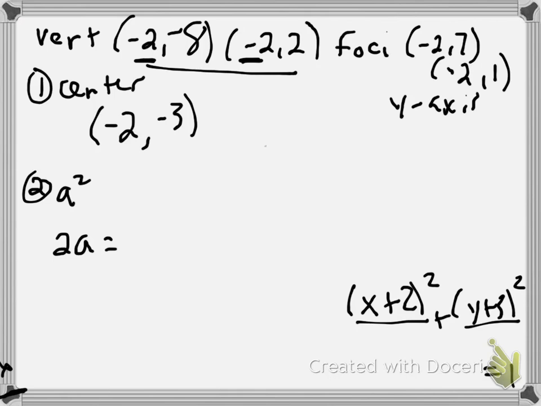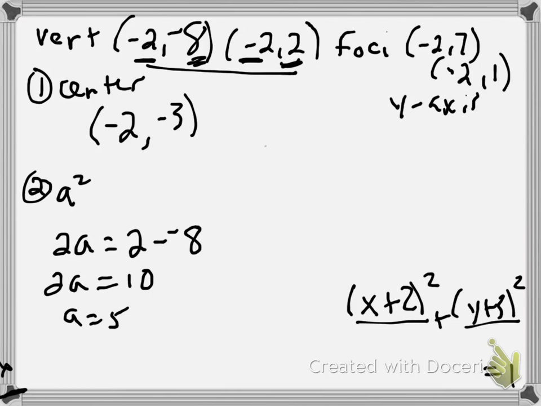So 2a is basically going to be the difference between this right here, between 2 and negative 8. Start from your larger one minus your smaller one. So we get 2a is equal to 10, so a has to be 5. Since my a is 5, that means my a squared is 25.